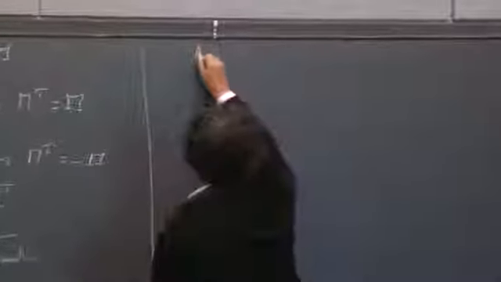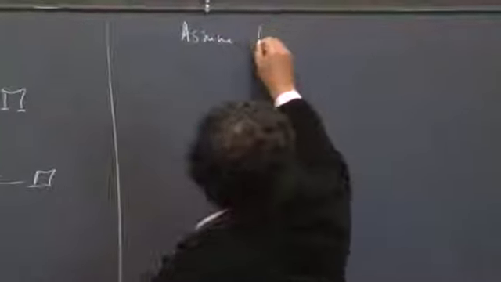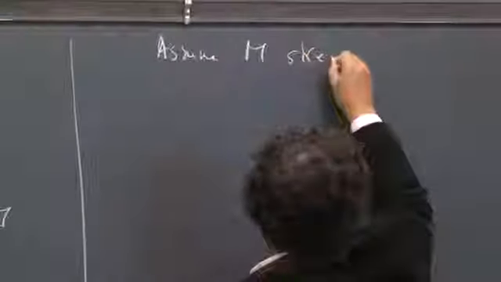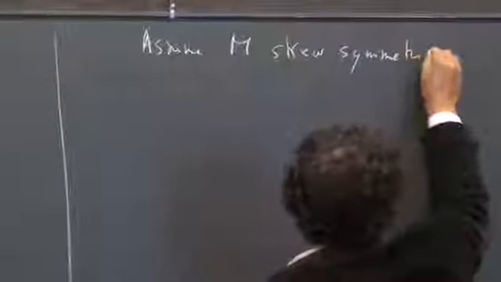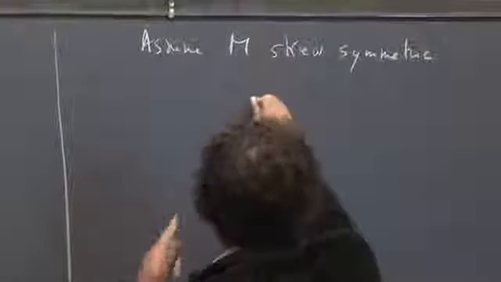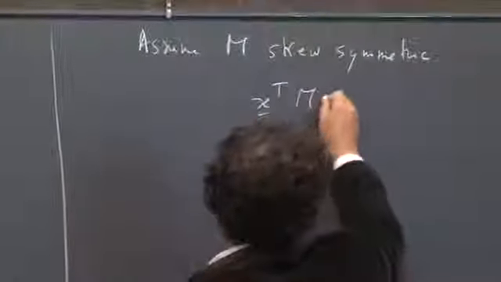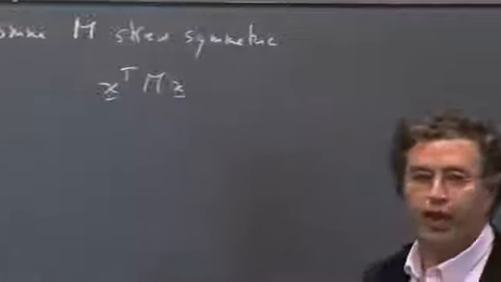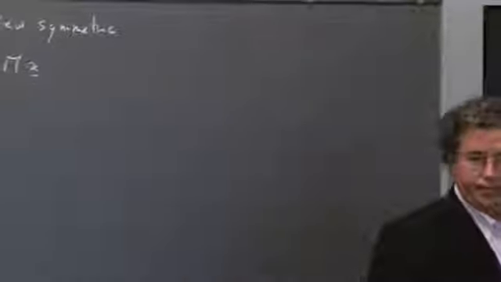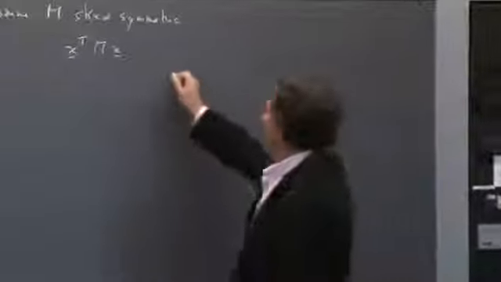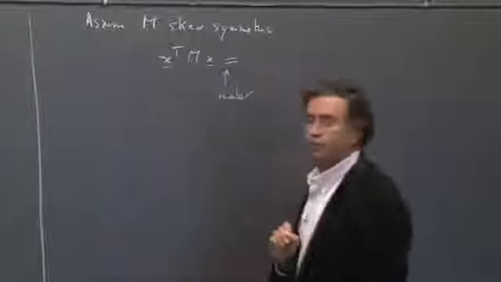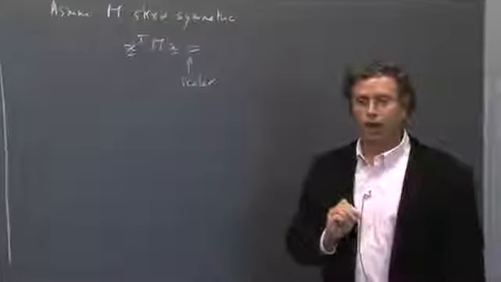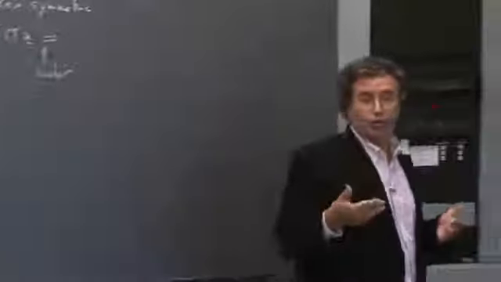Now, suppose M is skew-symmetric, and we take an arbitrary vector x and compute x transpose Mx. That quantity, of course, is a scalar, so it's equal to its transpose.